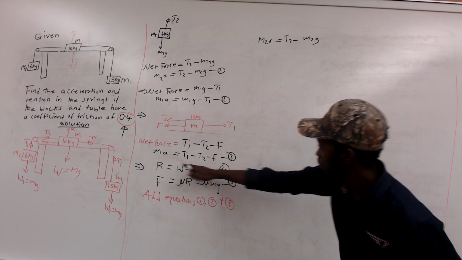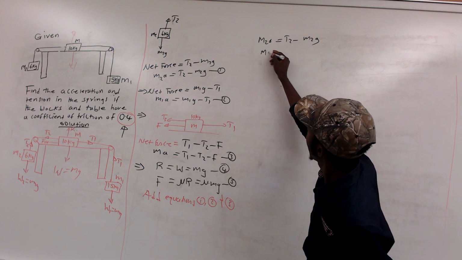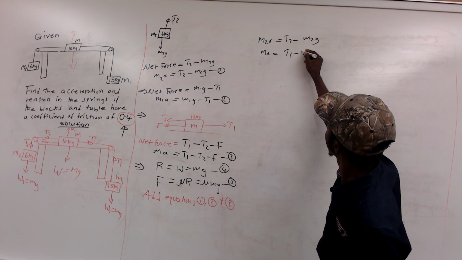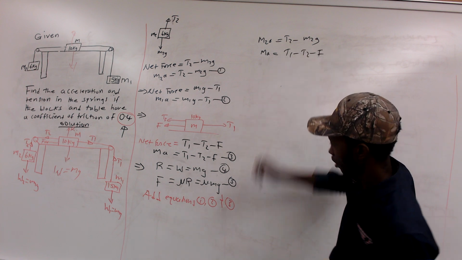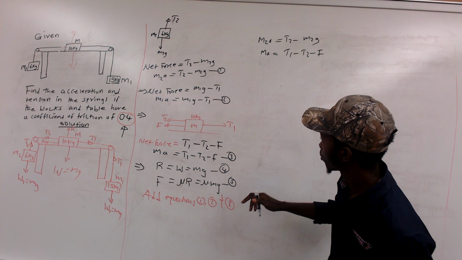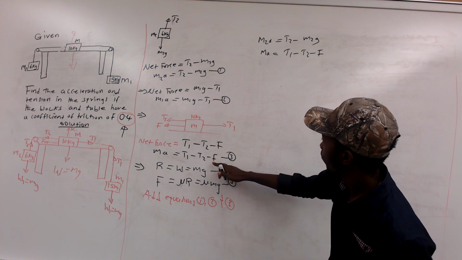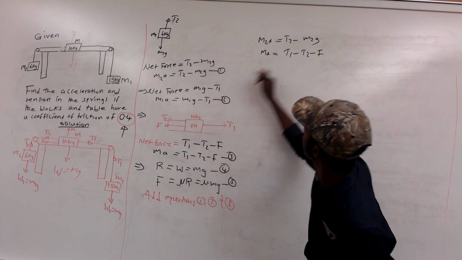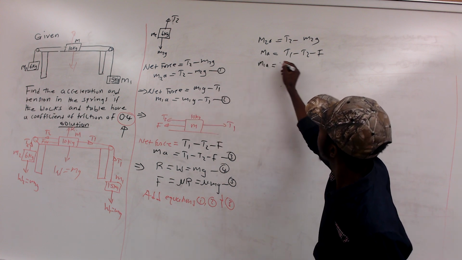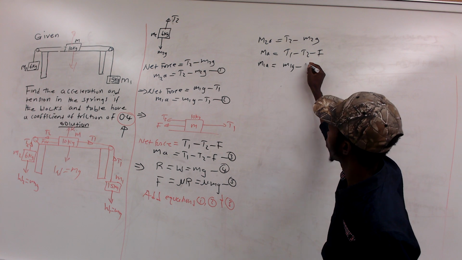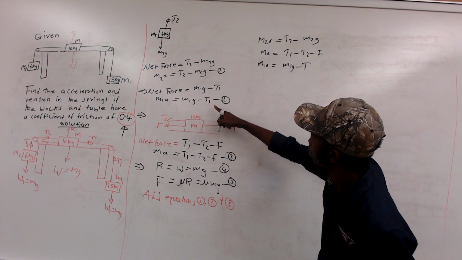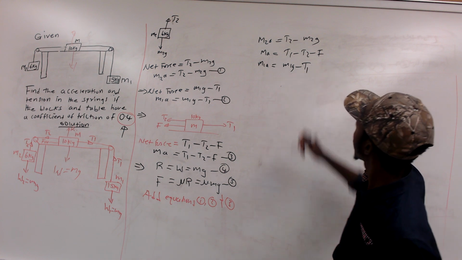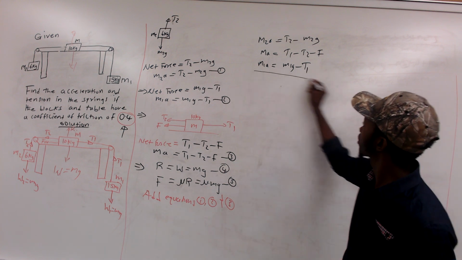Equation 3 is MA equals T1 minus T2 minus F. And equation 2 is M1A equals M1G minus T1. So let's add these 3 equations.